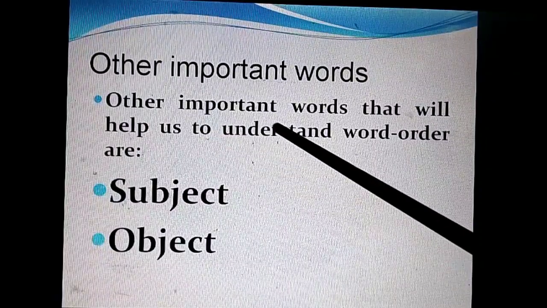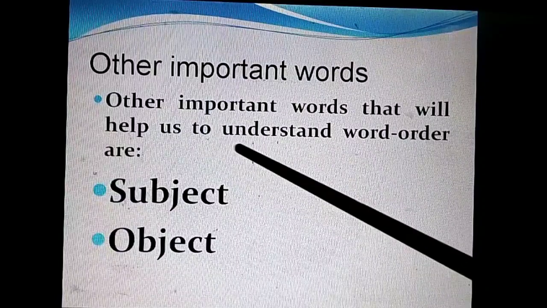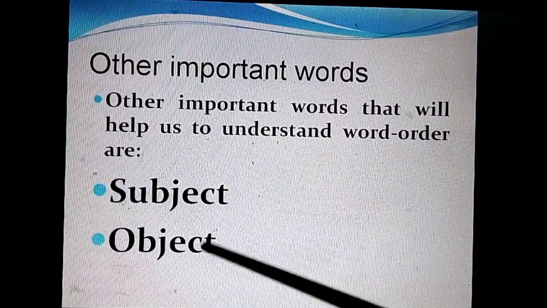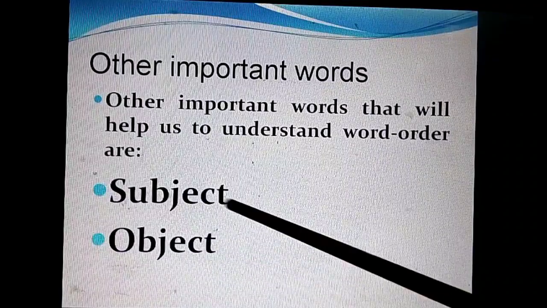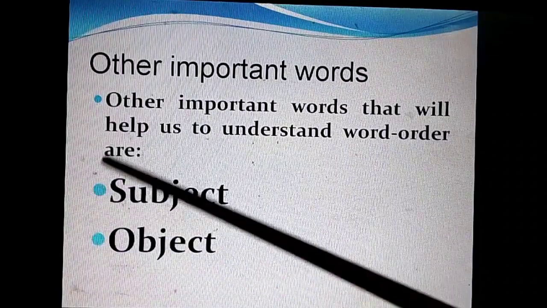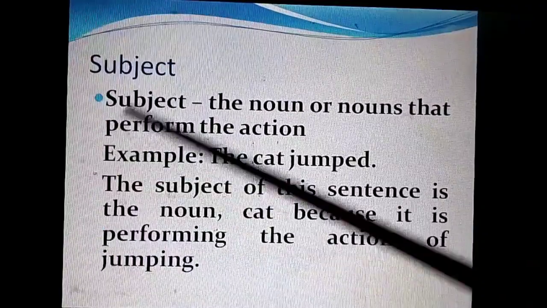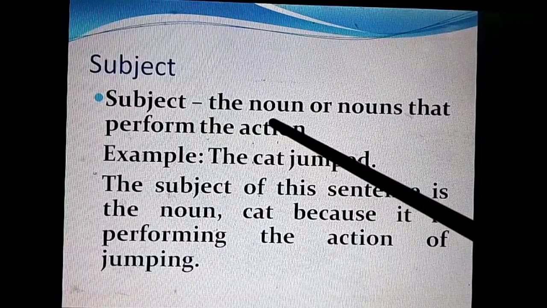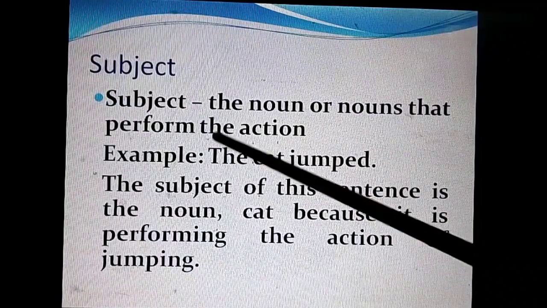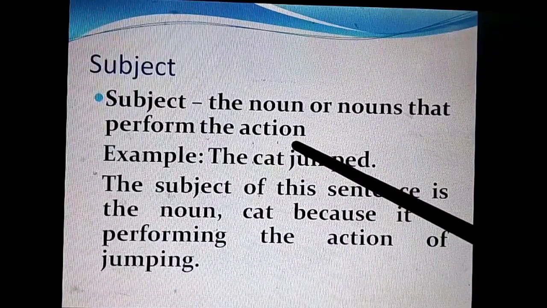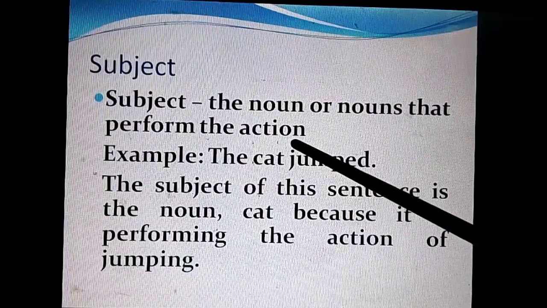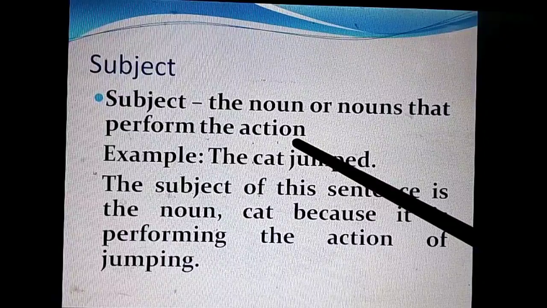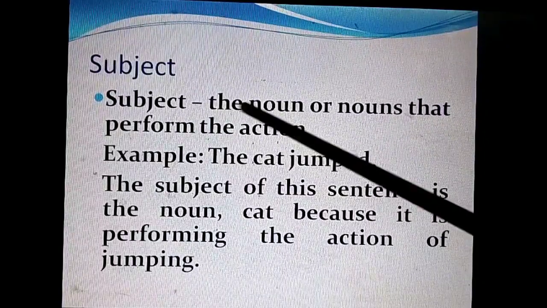So other important words that will help us to understand word order are subject and object. These are important words in this regard. So what is subject? Subject, the noun or nouns that perform the action, is the subject, and as far as the structure is concerned, they come before the finite verb.